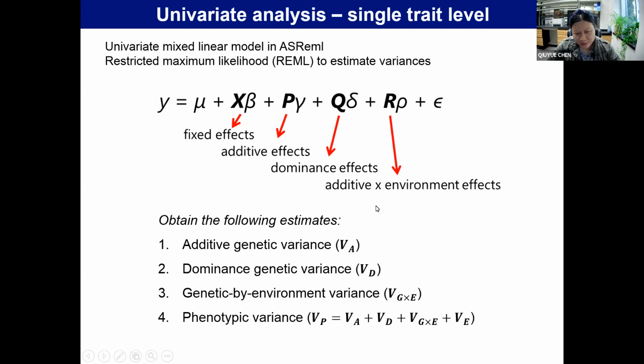By solving this model, we can obtain the additive genetic variance, dominance genetic variance, G by E interaction variance, and plus the environmental variance, we can get the phenotypic variance.